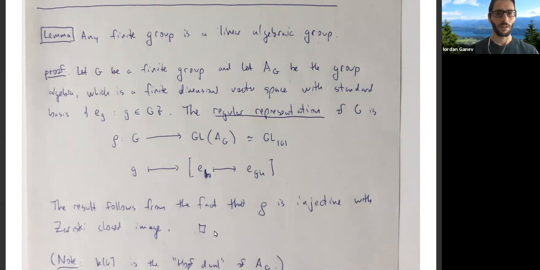Well, let's start with a finite group and look at its group algebra. Remember that this is a finite dimensional vector space, and it has a basis indexed by the elements of G. So e_g is a basis vector, and we have one basis vector for each element of G. This is an algebra where the algebra structure is: e_g times e_h is the basis vector e_{gh}.